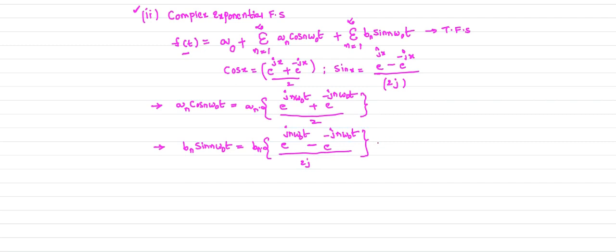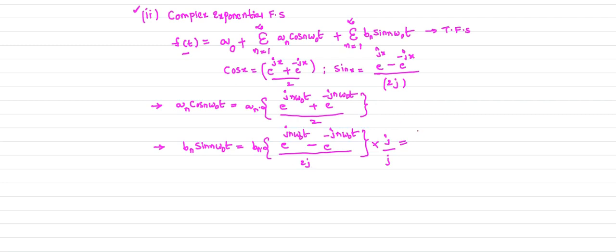Now I just modify this equation. I divide and multiply with j, so that I can get the expression like this. So 2j square means what? j square is minus 1.